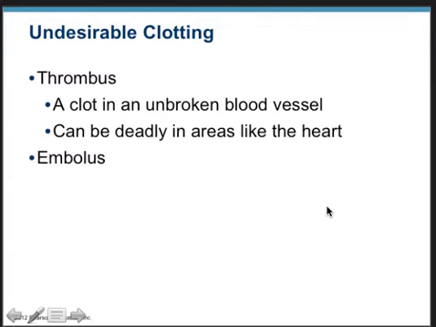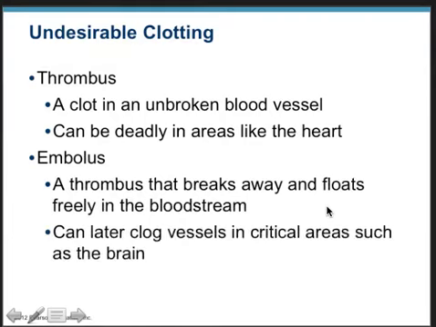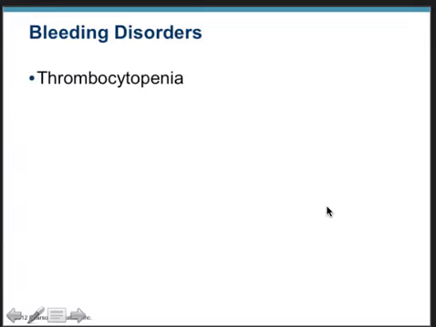An embolus is a traveling clot. What it'll do is break away and float freely in the bloodstream. Those traveling clots can eventually lodge in capillary beds. If they happen in the brain, they can cause a stroke, and if it happens in the heart, it can result in a heart attack. Thrombocytopenia is a platelet deficiency.